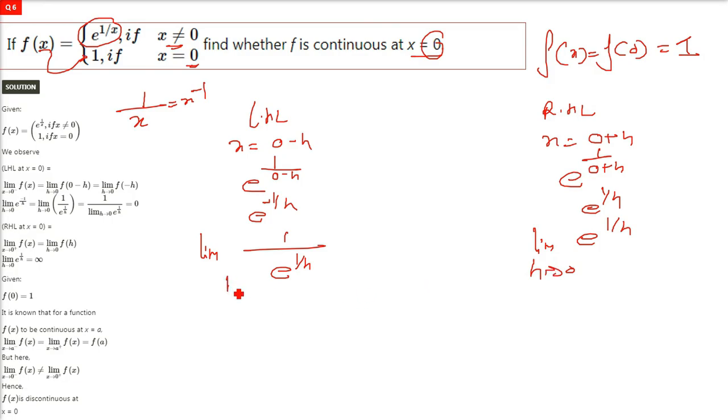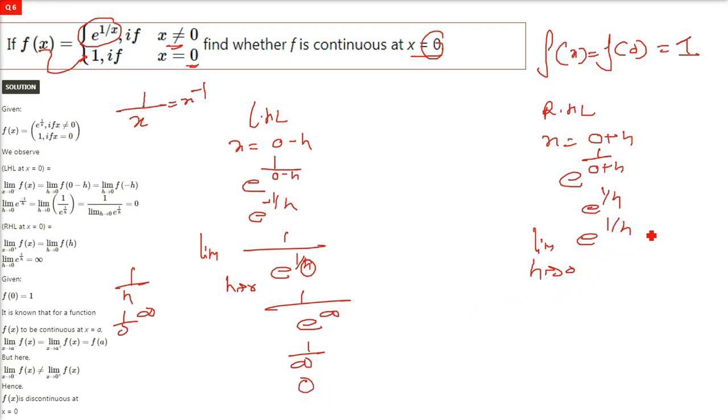So when h tends to 0, 1 by 0 is infinity, so it is actually e raised to the power infinity, and e is a constant number 2.718, so it is a proper number to the power infinity, so that will be infinity, and 1 by infinity, anything divided by infinity, is going to be 0.